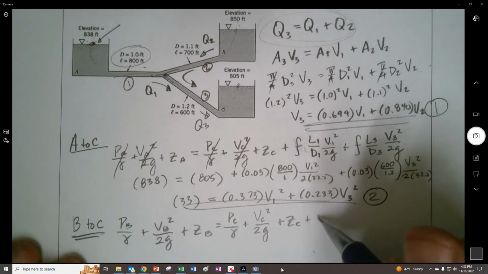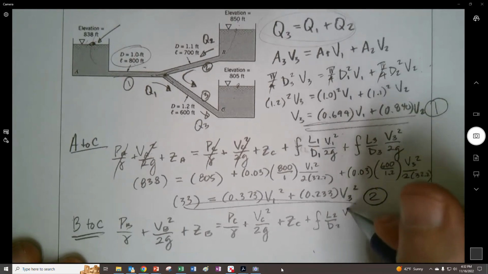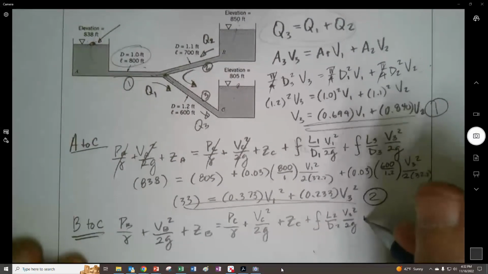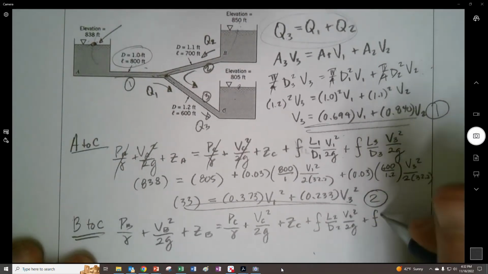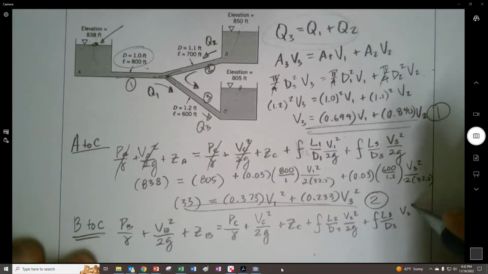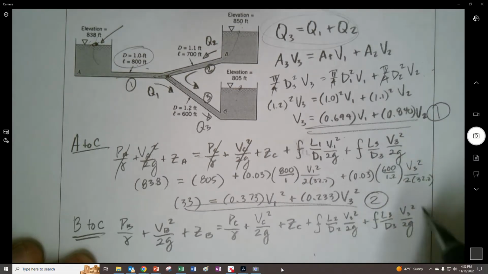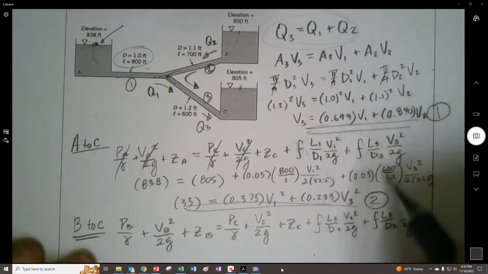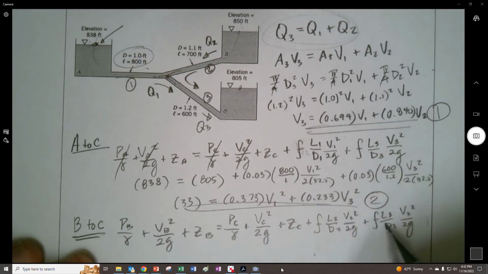So we're going to have plus f, and now it's going to be L2 over D2, and then V2 squared over 2g, and then plus f, and then L3 over D3, V3 squared over 2g, and this is unsurprisingly going to be the same value as up there, right? So we're going to end up getting the same thing right in here.